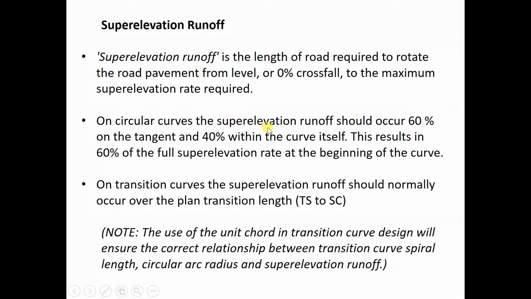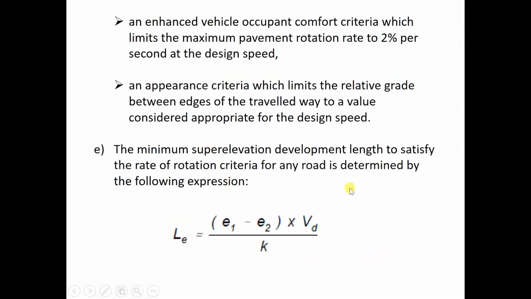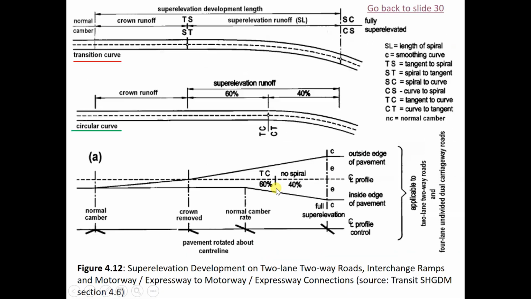On a circular curve, the super elevation runoff should occur 60% on the tangent and 40% within the curve itself. This results in 60% of the full super elevation rate at the beginning of the curve. So this is the one I showed you just now. That means at this point, TC, on the circular curve, you have TC, and on the other side CT, tangent to curve, and from the other side curve to tangent.